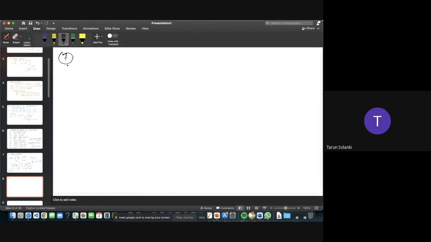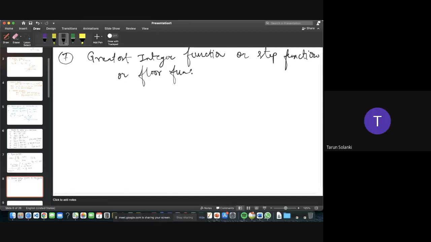Next, we have the greatest integer function, or step function, or also we call it the floor function, right?